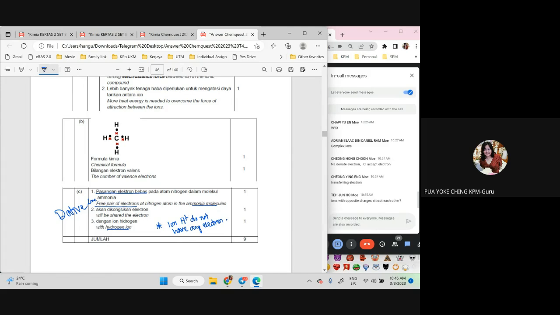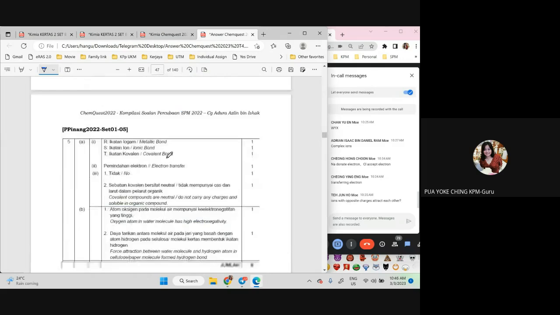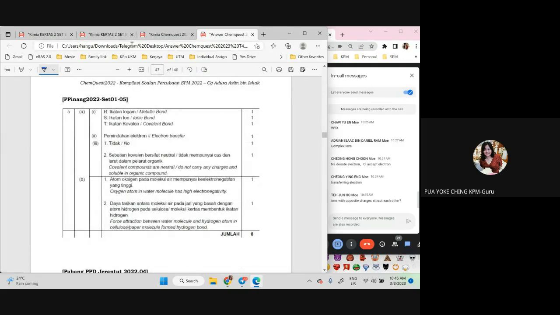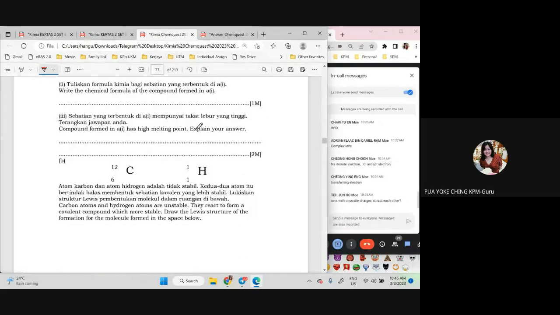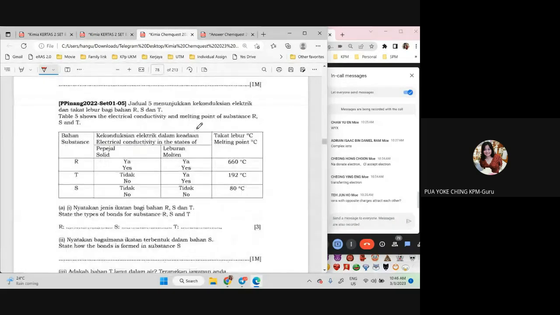That's why it will share from the lone pair. Okay, lone pair akan terus bagi pada yang tak ada elektron langsung. So that one is dative bond. Okay, so next, saya rasa chapter 5 lebih kurang sama. This is also the comparison.